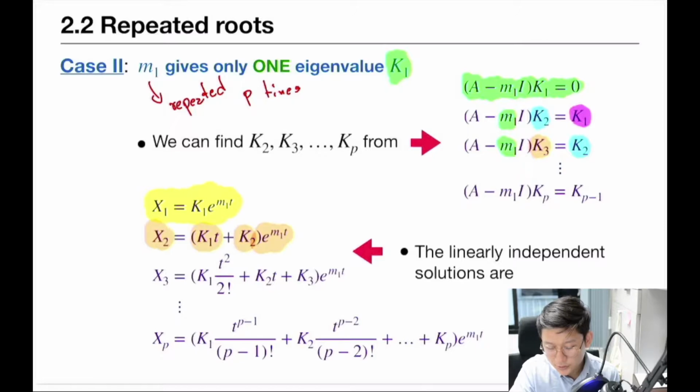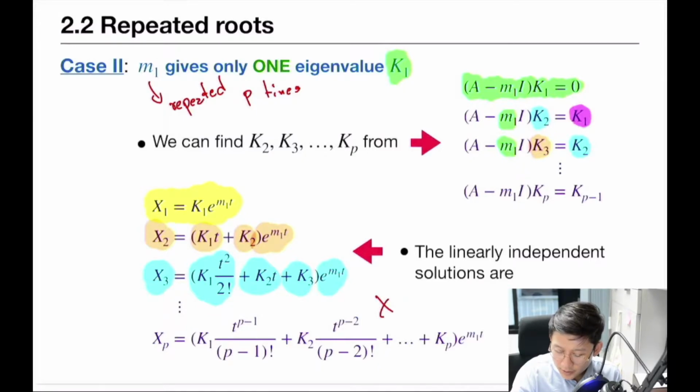That is x2. Similarly, x3 would be k1 t squared divided by 2 factorial plus k2 t plus k3, and e to the m1 t.